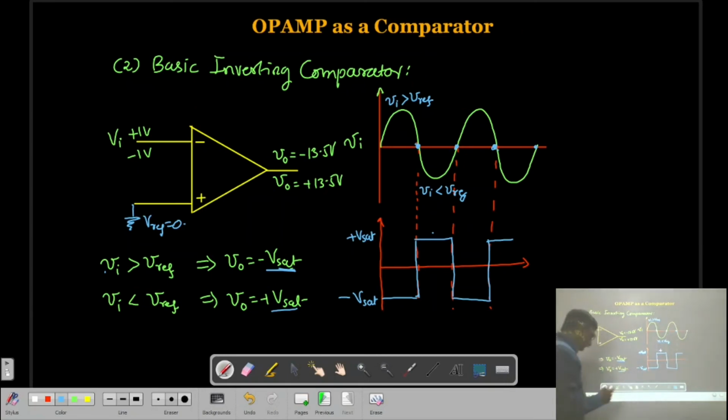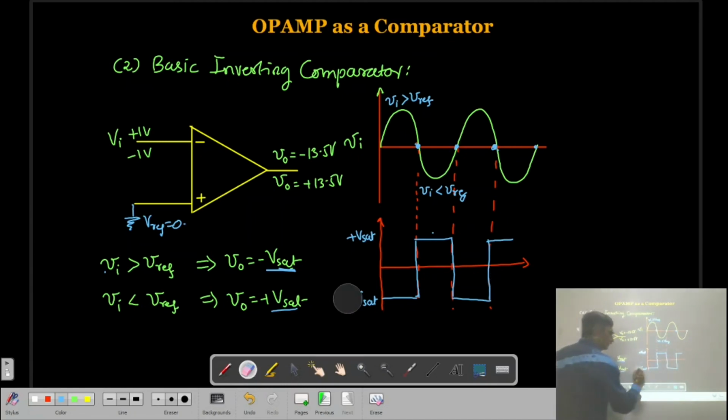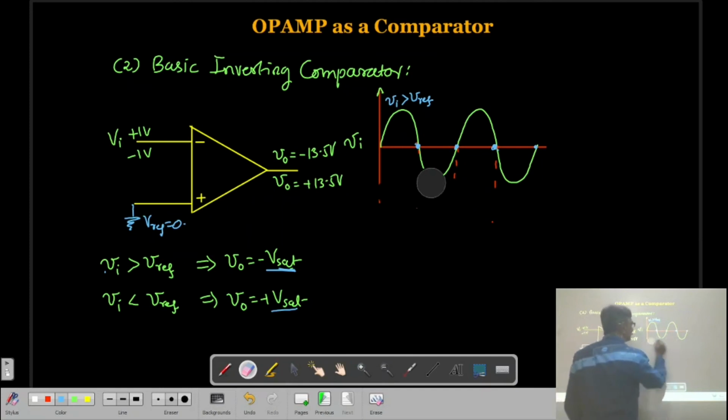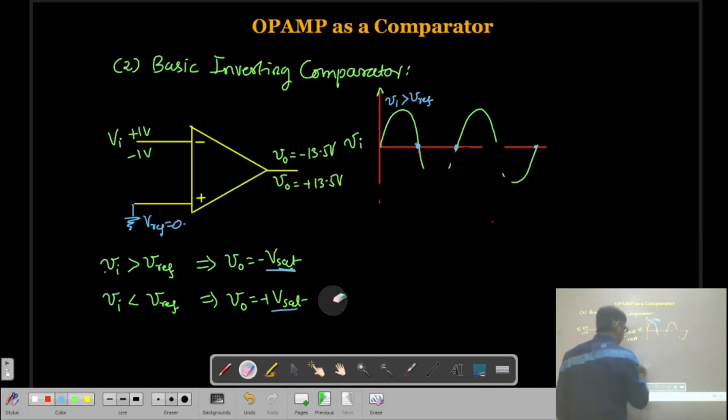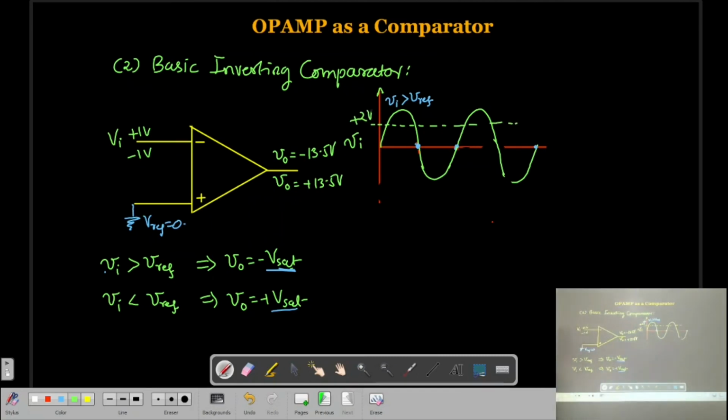Now, this is the waveform for what? The reference voltage is 0. But if this reference voltage is, let us say, plus 2 volt, now what will be the output voltage?